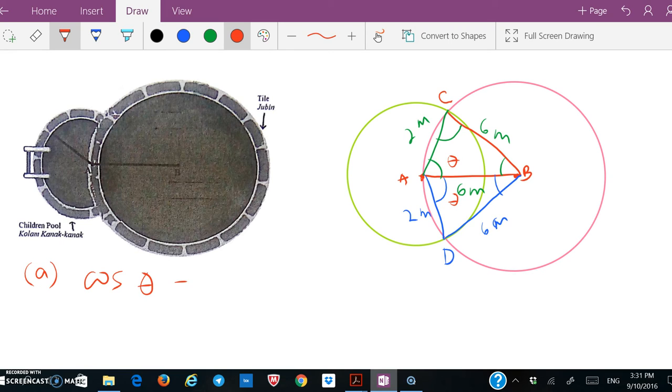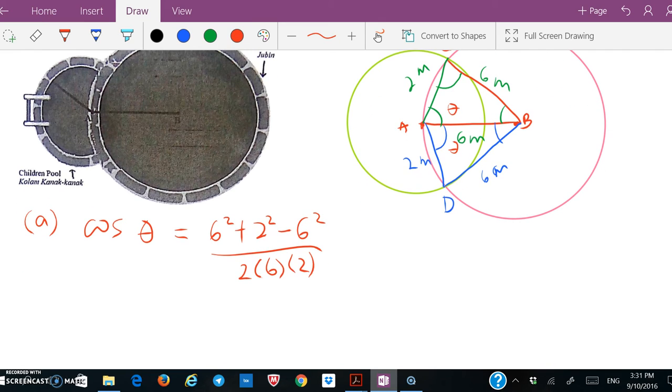Cos theta is actually 6 squared plus 2 squared minus 6 squared over 2 times 6 times 2. Then the angle that we're going to have here, 2 theta, is the one that we double after we get the theta.